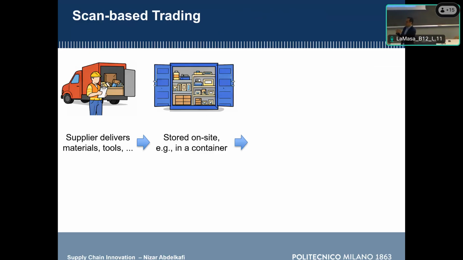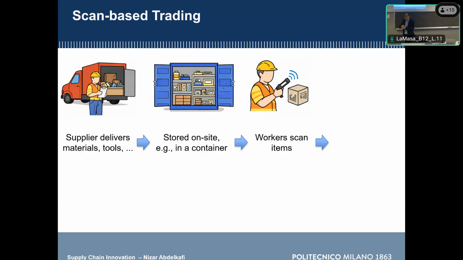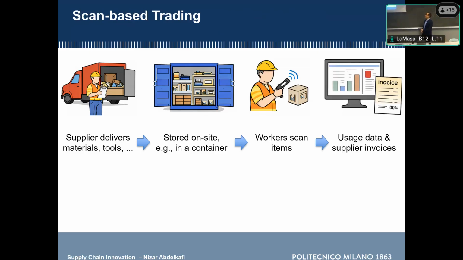Whenever we need these tools and equipment, we just scan them, and then all of a sudden we get an invoice, because the system has recognized that we are using that equipment. So we have it shared on site, in a container. The worker goes to the container, scans the equipment, scans the material, and the system will record that data and trigger the supplier to send an invoice. Okay?